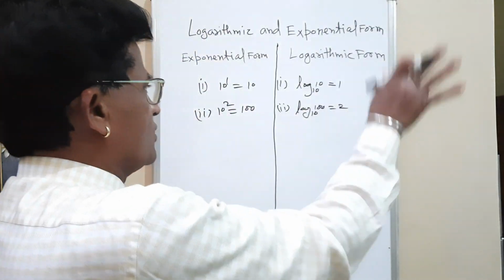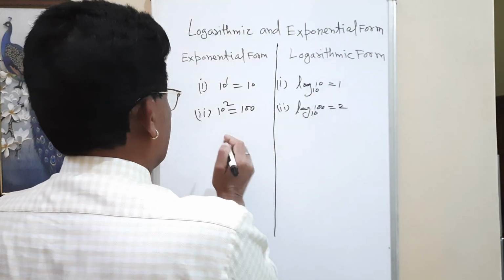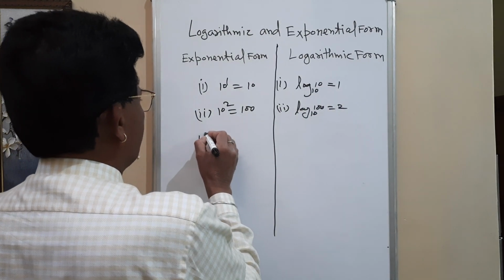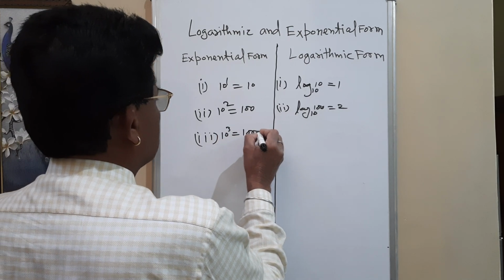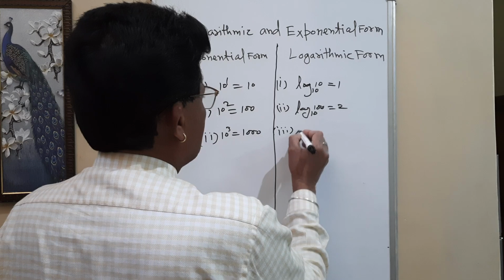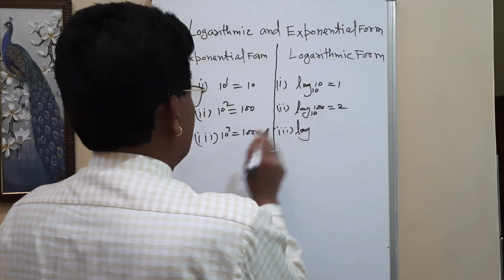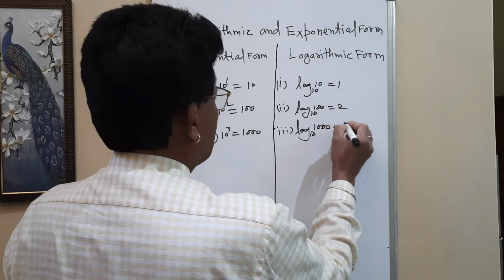You see the number of zeros, easily you can find out. For the rest of the numbers you can use the log table. Third case, 10 to the power 3 is equal to 1000. In log form, the base is the same, 10, and log of 1000 is equal to 3.